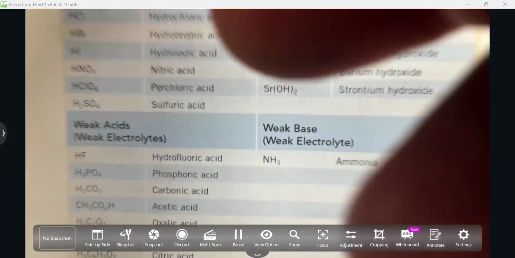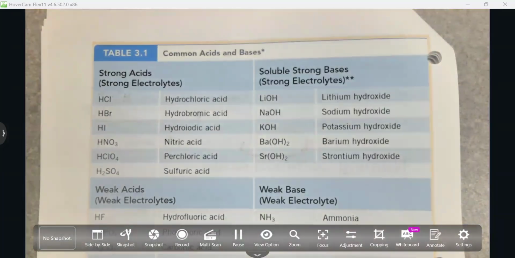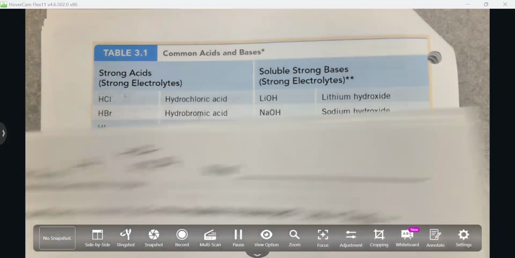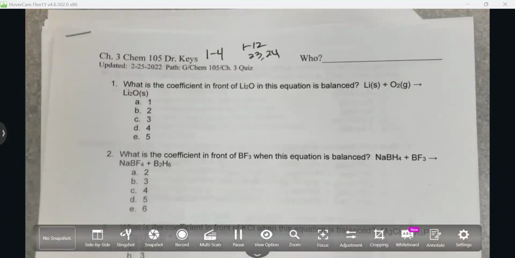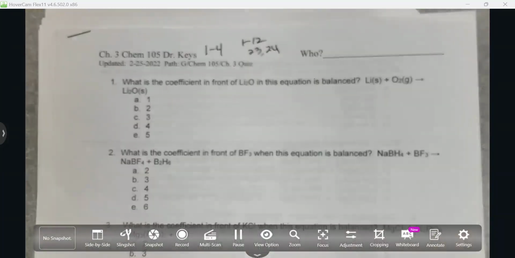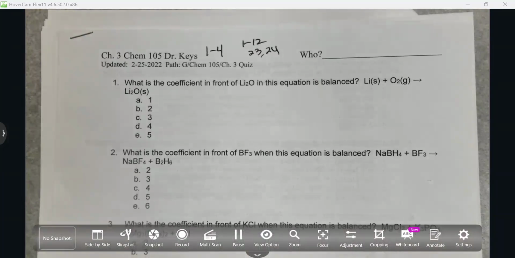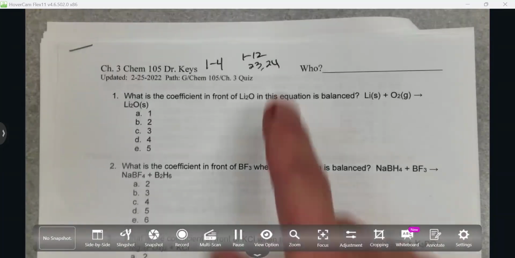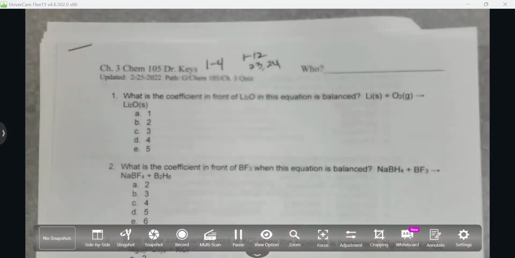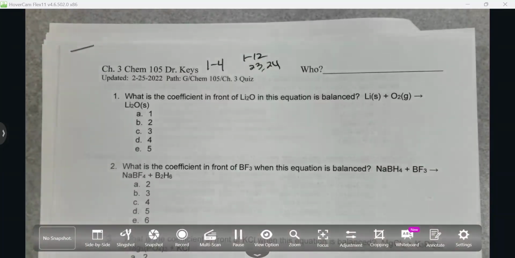Now, I'll leave you with this. Hold on now. Here's what we're going to do for a quiz. Write this down. Now, the OWL deadlines, I looked at them before class.